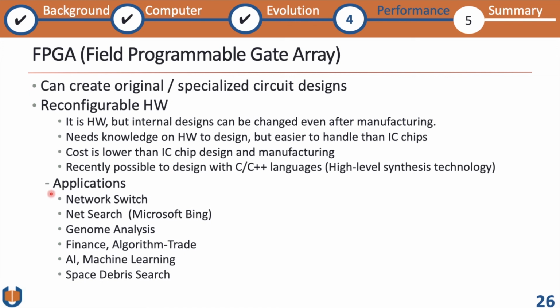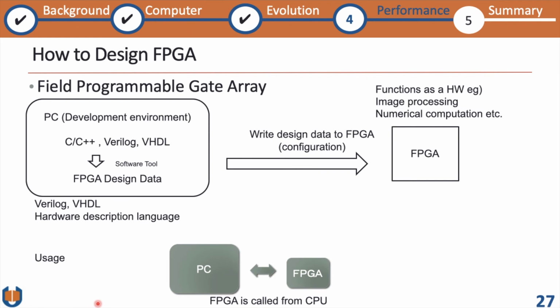There are many applications of FPGAs: network switches, some search engines, financial algorithms, machine learning, deep learning, and other things. Here is the basic idea of how an FPGA works. You have to know a language that you use to make your hardware.